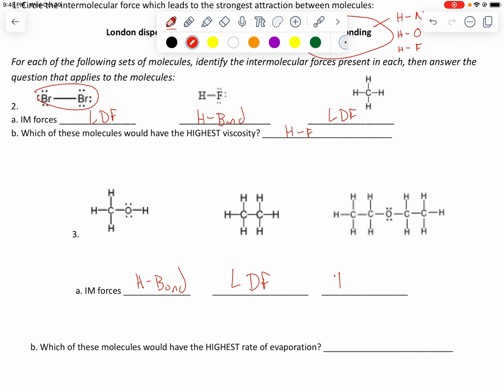So you're going to see dipole-dipole here. Highest rate of evaporation. So that is also similar to the weakest IMF. Because if you evaporate fast, that means you don't have a strong force of attraction between molecules. It's easy to break away. So the weakest force of attraction is LDF.